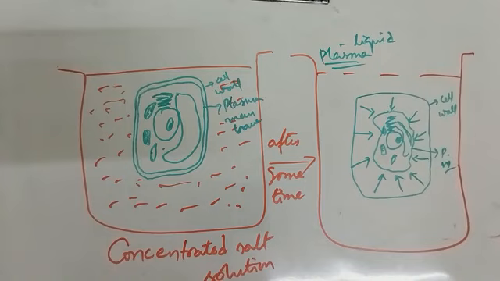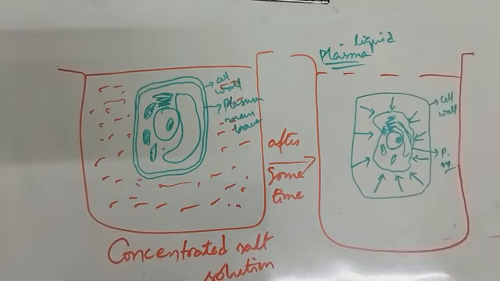Let us make it much simpler. When a plant cell is placed in a concentrated solution, the inner cellular contents will move away from the cell wall. This process is known as plasmolysis. What is plasmolysis?